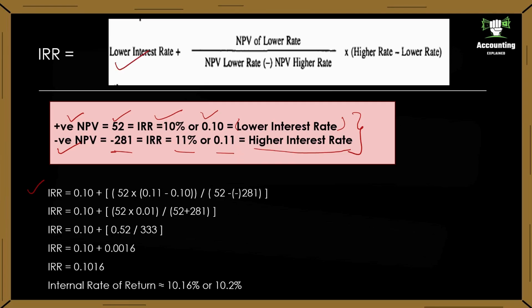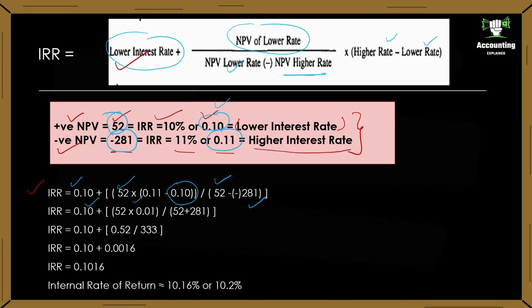So IRR is equal to the lower interest rate, which is 0.10, plus NPV at the lower rate, 52, into higher rate minus lower rate, 0.11 minus 0.1, divided by NPV of lower rate, 52, minus NPV of higher rate, which is minus 281. Minus of minus 281.